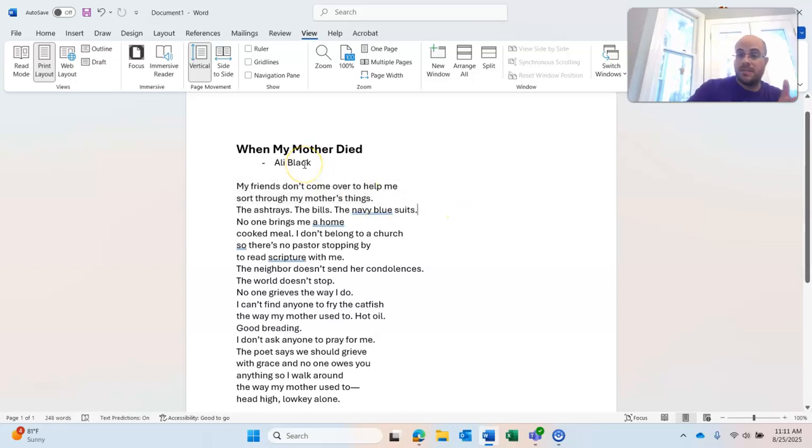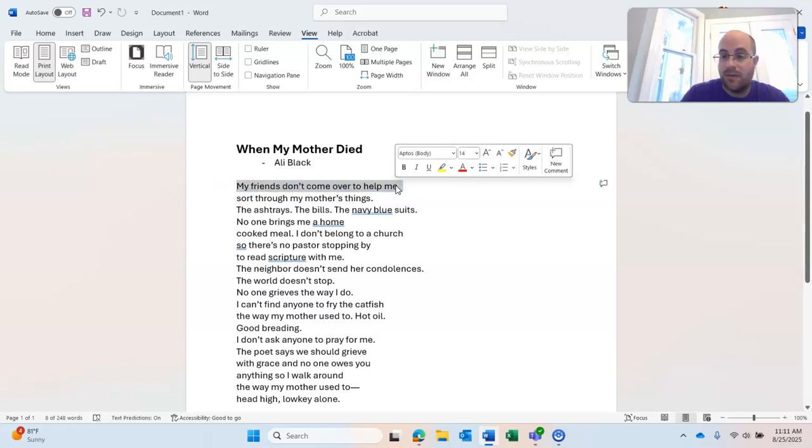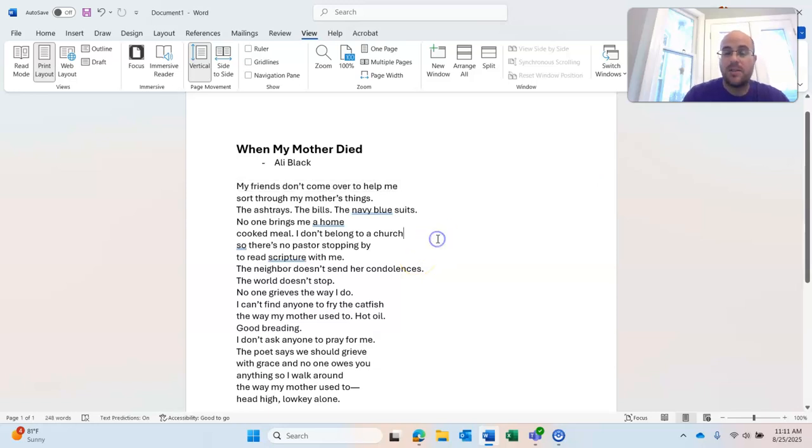But what Miss Black wanted to do is highlight this first unit, this line, by itself. My friends don't come over to help me. And so when I read it, and when you read your own poems, there's a slight pause. Depending on who's reading it, it could be more dramatic, but there's always some sort of pause in meaning, pause in sound, at the end of a line, even if there's no punctuation.